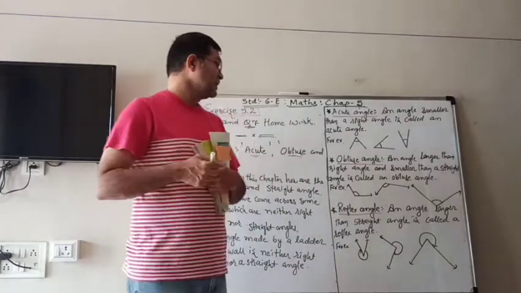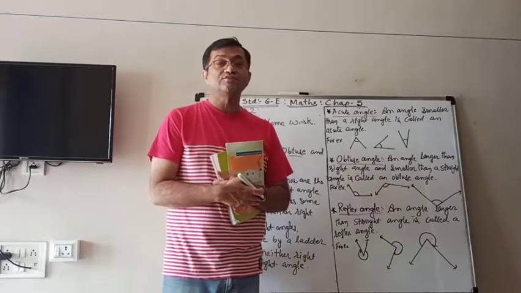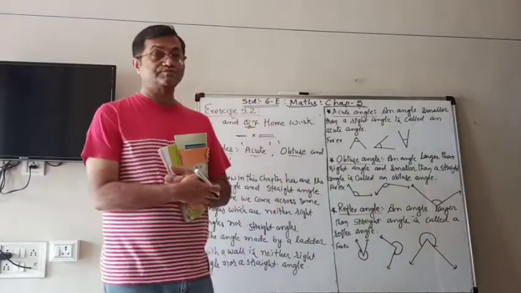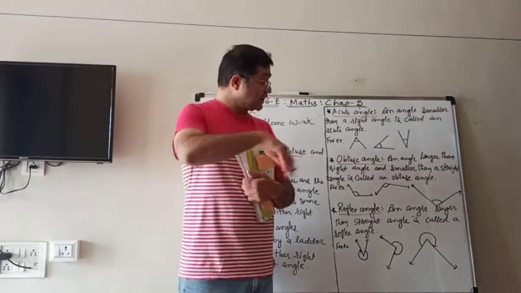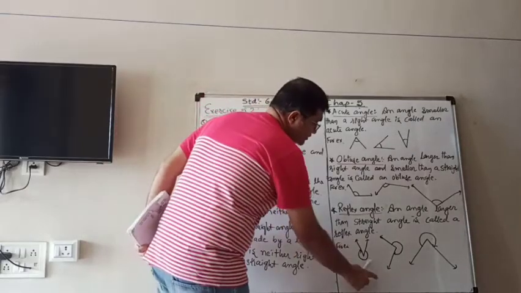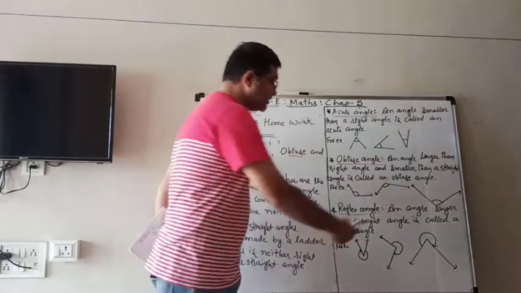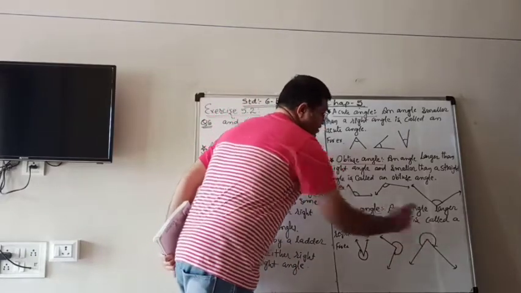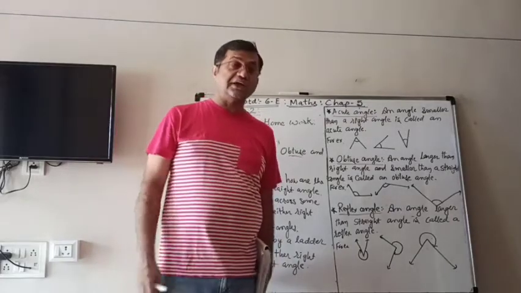So larger than right angle and smaller than straight angle, then it is known as an obtuse angle. And the last, an angle which is larger than the straight angle. We know that a straight angle is like that, but now it is bigger than the straight angle. Then it is known as a reflex angle.